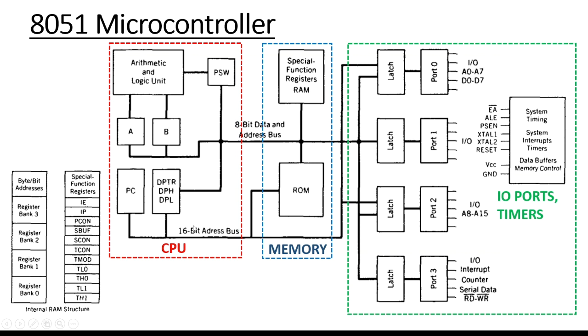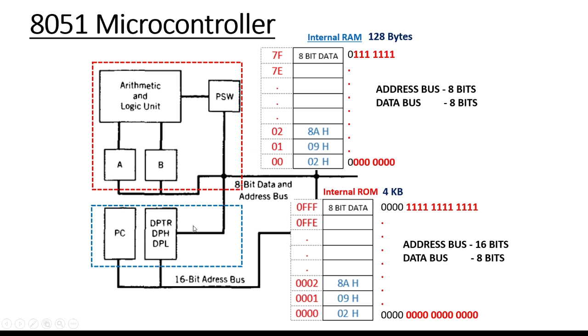Memory has special function registers, RAM, ROM, and the IO port and timer section has the ports and latches or buffers or drivers, you can say, and all the control signals. So let's see each and every section in detail.